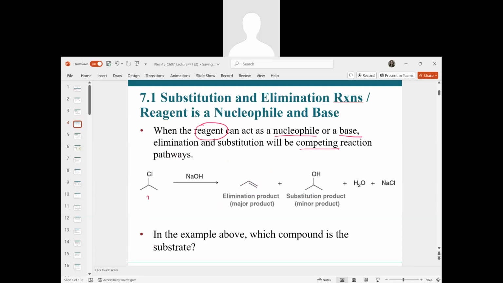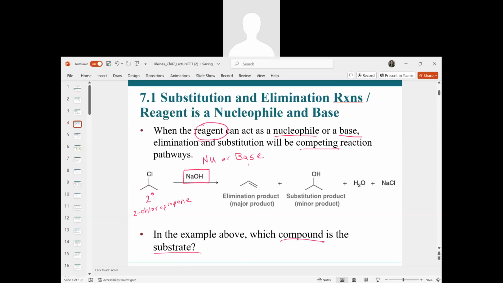So here we have our secondary substrate. So which compound is our substrate? We see here we have this 1, 2, 3 carbon chain. On carbon 2 is our chloro, so we have a 2-chloropropane substrate, and we have sodium hydroxide here as our reagent, and sodium hydroxide can act as either a nucleophile or a base.